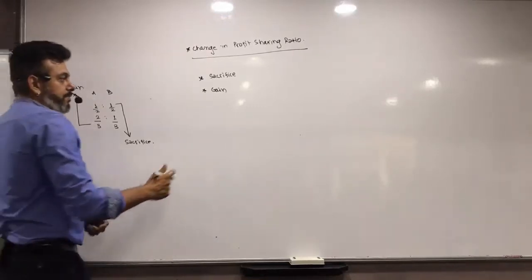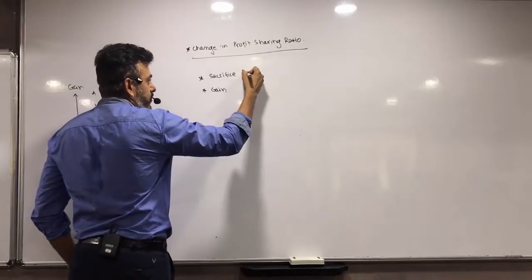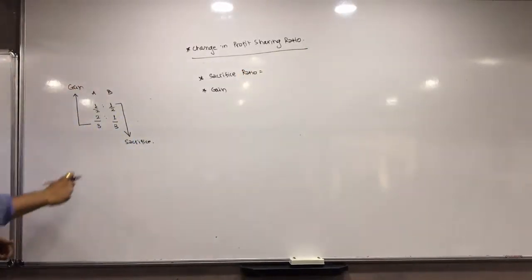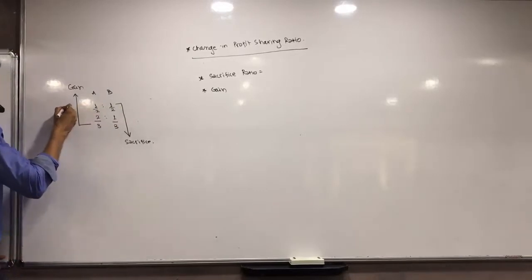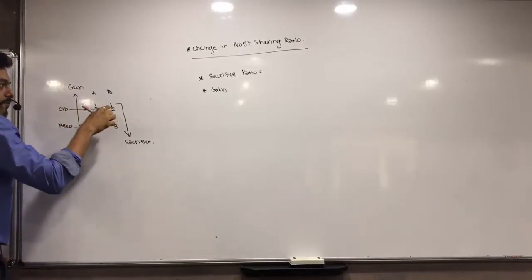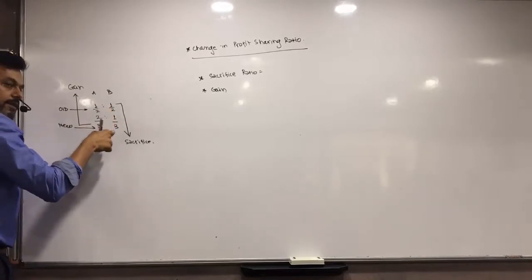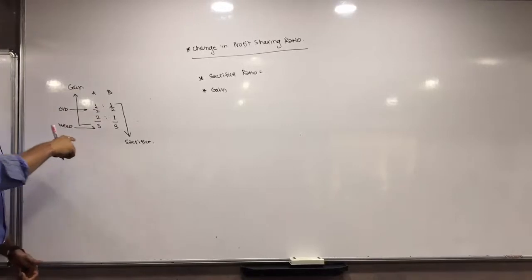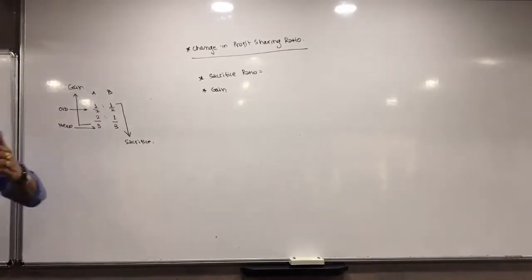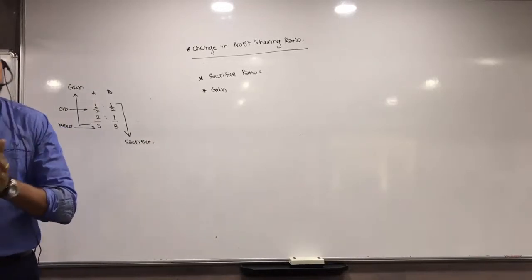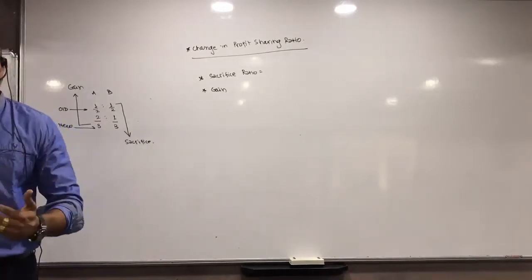Okay? Now, sacrifice ratio is very simple. Sacrifice कब होगा? When the old ratio is greater than the new ratio, ध्यान देना please. When earlier you were getting more share and now you are getting a lesser share, so can I say you are sacrificing?